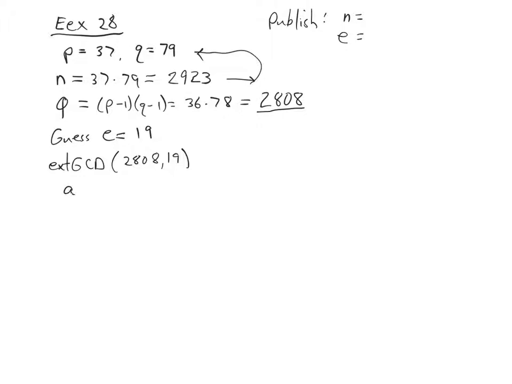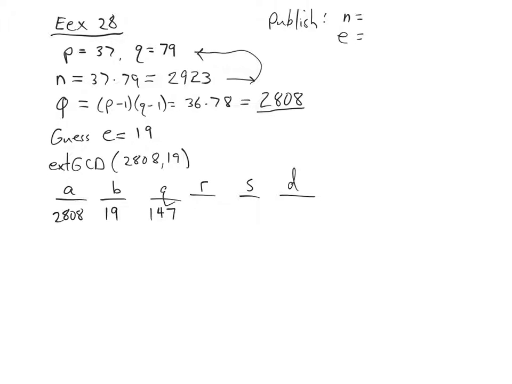So we make our normal chart: A, B, Q, R, S, and what we now call D. Okay, so we got 2808 and 19. So 2808 divided by 19 is 147 for the quotient.